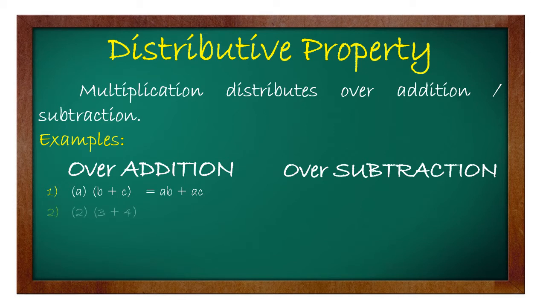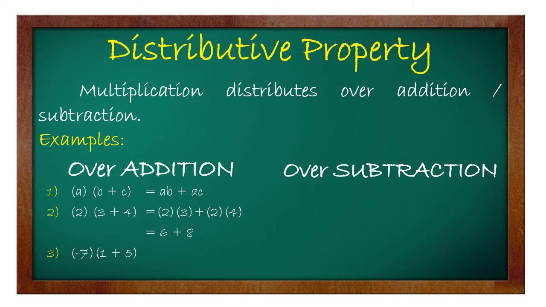So, for example, 2 times the quantity 3 plus 4. So, magiging 2 times 3 plus 2 times 4. 2 times 3 is 6. 2 times 4 is 8. And 6 plus 8 is 14. Another. Negative 7 times the quantity of 1 plus 5.